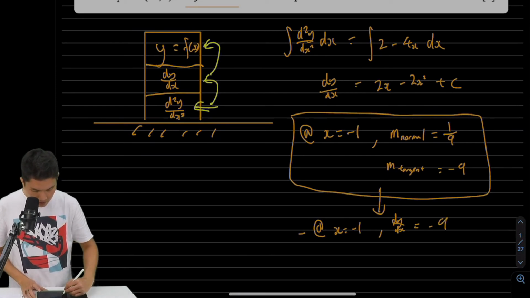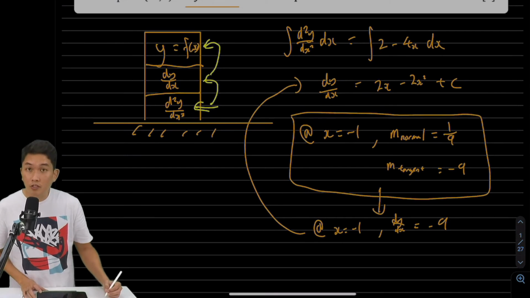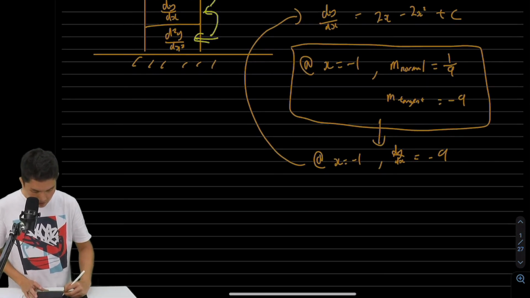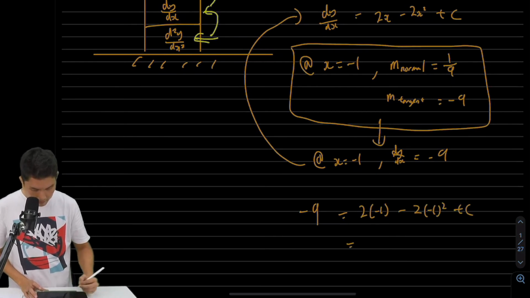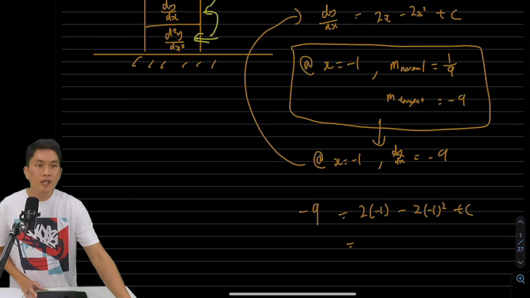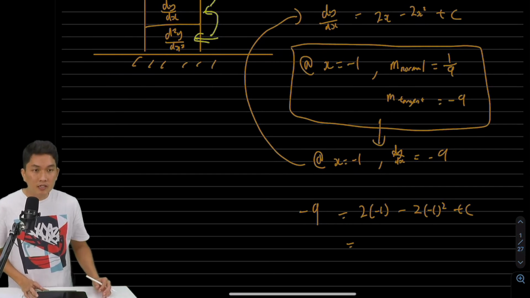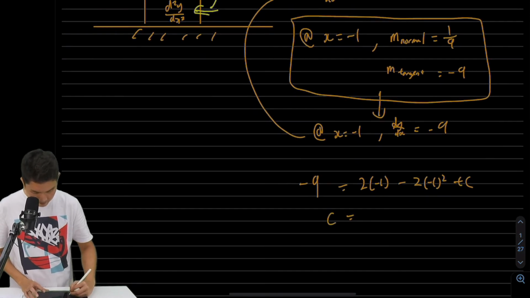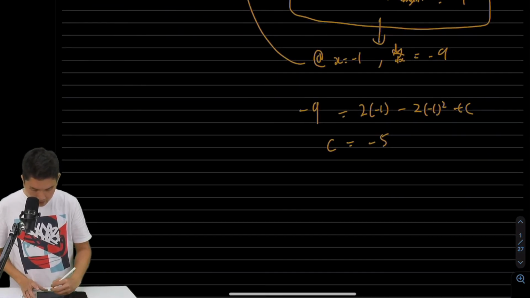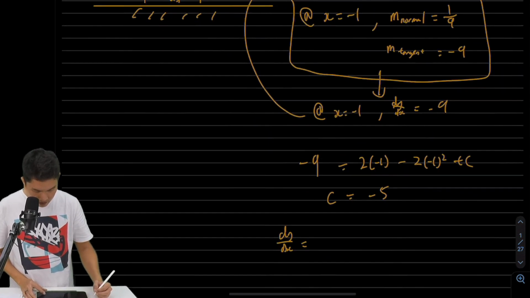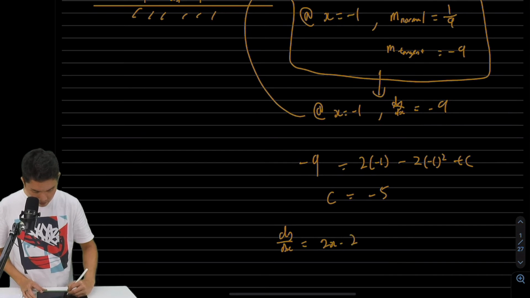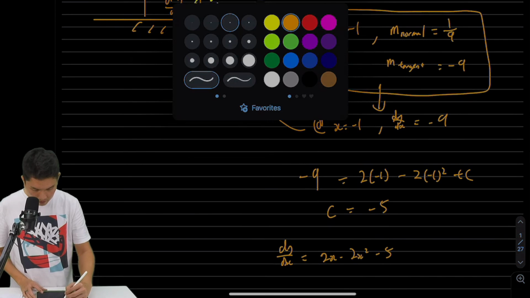So using this, I'm going to substitute inside here to solve for c, which means that -9 is equal to 2 times -1 minus 2 times -1 squared plus c. Okay, and that should give you, let me see, I worked this out previously. So c is equal to -5. Great. So that means dy dx is equal to 2x minus 2x squared minus 5.